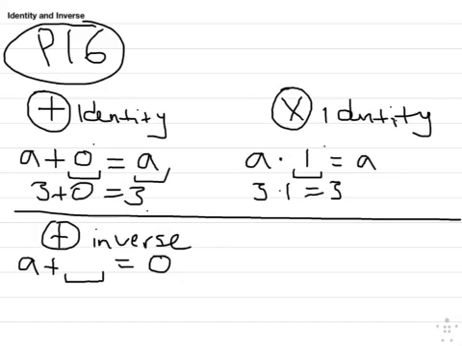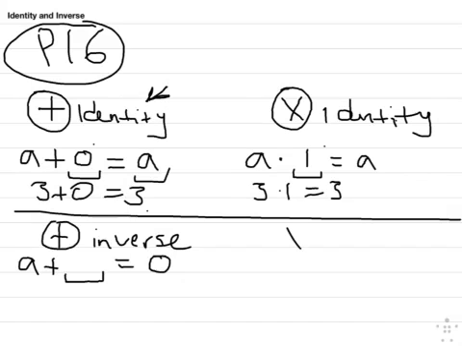Let me say that one more time. For addition, the inverse is some new number plus that original number, and that doesn't give us the number we started with, it gives us the identity, 0.